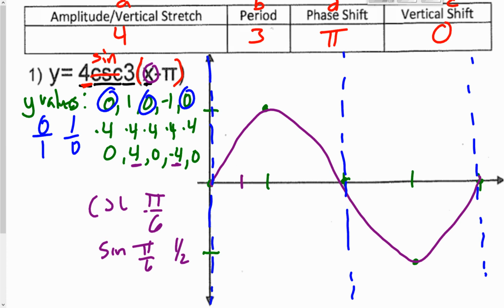Normal sine would be at 1 and -1 and 0, 0, 0. So at pi 6, which is probably somewhere near here, you'd get 1/2. I erased it, that's okay, right there. But when I flip that to cosecant, I get a 2. Cosecant of pi sixth is 2, so that's somewhere way up here, right?